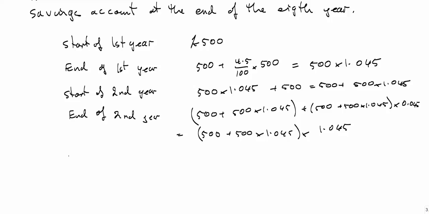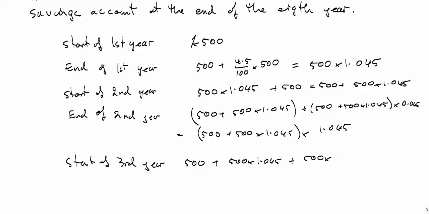Now we go to the start of the third year, when we're depositing another 500. So that gives us 500 plus what we already have. Now what do we have? Well, if we multiply out this bracket, we have 500 plus 500 times 1.045 plus 500 times 1.045 squared.